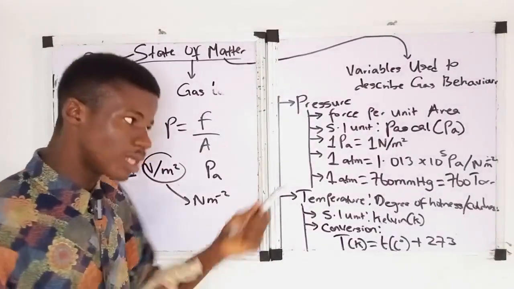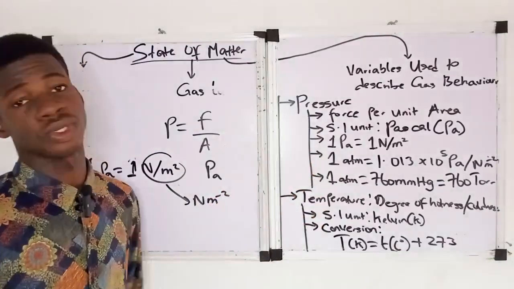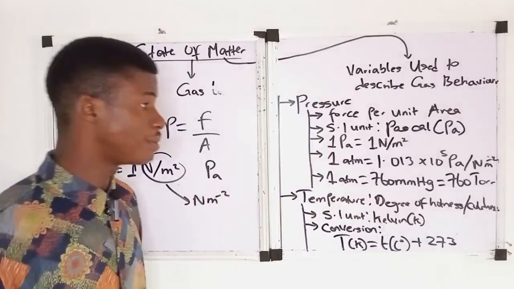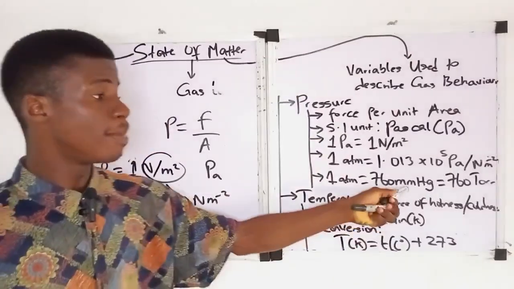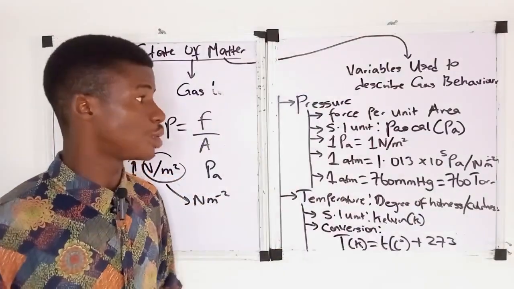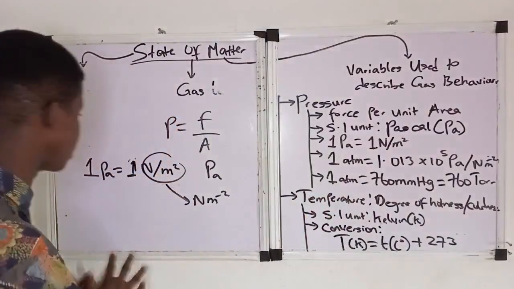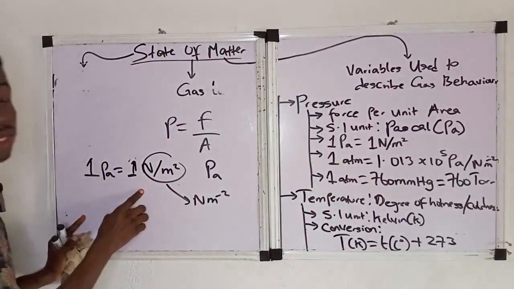Now let's move further. These are the units used to measure pressure: Pascal, Newton per meter square, atmosphere, millimeter of mercury, and torr. They are different units, so this part is very important. We know that 1 Pascal is equal to 1 Newton per meter square.